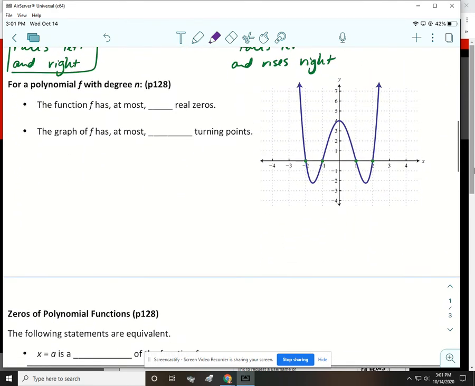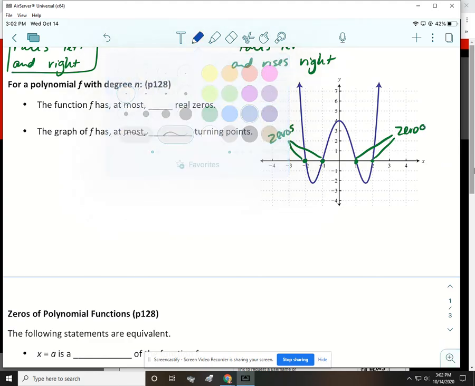All right, then let's talk about parts on this graph. These values here where the function crosses the x-axis, those are zeros. And then the relative maximum and relative minimum values are turning points.